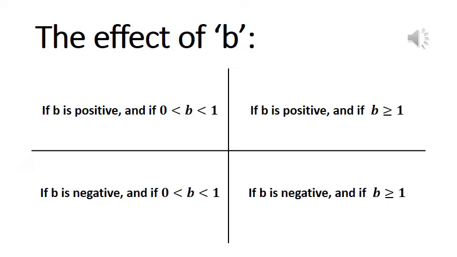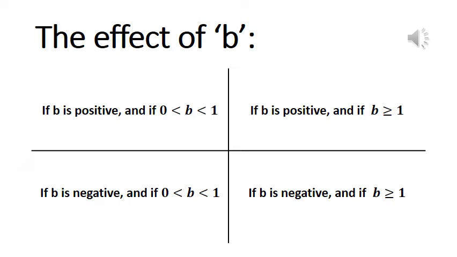Quadrant 2 is also a positive exponential function, but the difference is that your b value is a decimal that falls between 0 and 1, so a fraction like a half, a third, a quarter, or 0.32. All of those would fall into the second quadrant. So when your b value is greater than 0 but smaller than 1, the graph falls into the second quadrant.